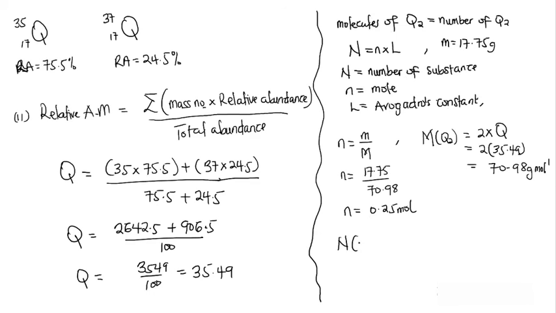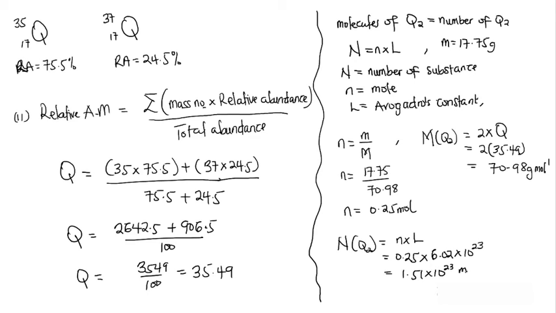So the number of molecules for Q2, which is N, is equal to small n multiplied by capital L. Small n, which is our mole, is 0.25, multiplied by L, which is the Avogadro's number, 6.02 times 10 raised to the power 23. This gives 1.51 times 10 raised to the power 23 molecules.